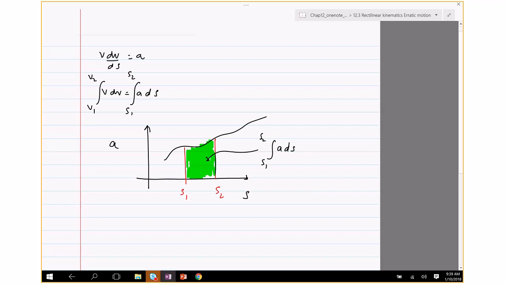And you can write this down as v2 squared. I need to integrate this first, so v dv is v squared divided by 2, and put in the limits. So v2 squared minus v1 squared divided by 2 equals the integral from s1 to s2 of a ds.